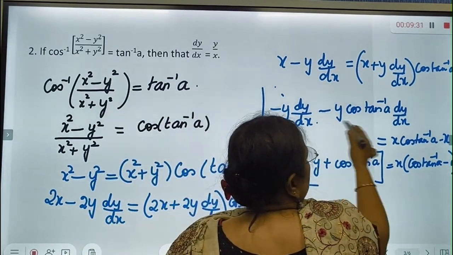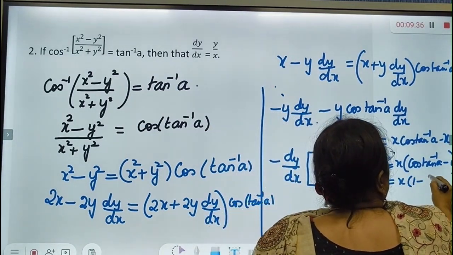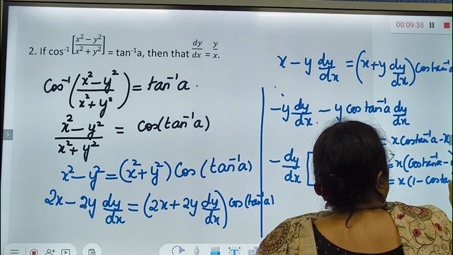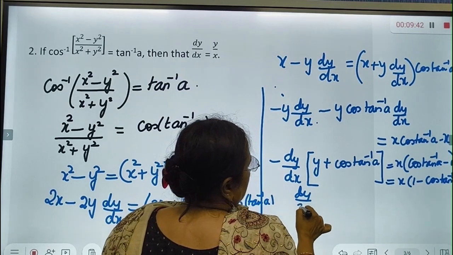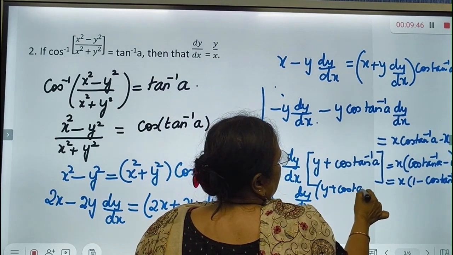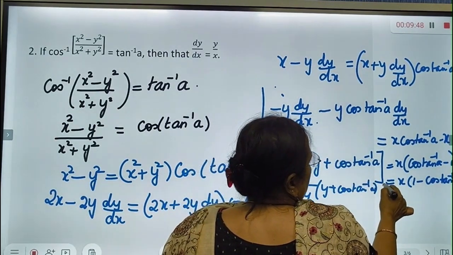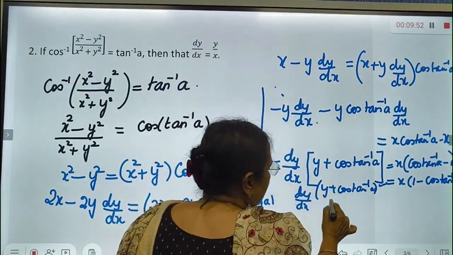Now, I'll take this minus to this side. So, this will become x into 1 minus cos of tan inverse A. Dy by dx into y plus cos of tan inverse A is equal to this. So, what is dy by dx?